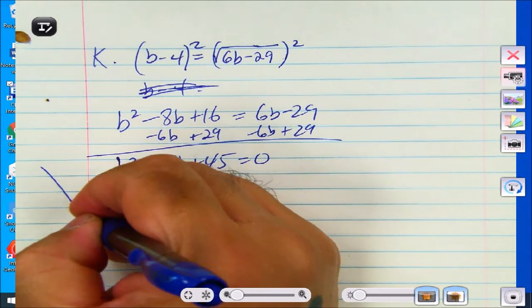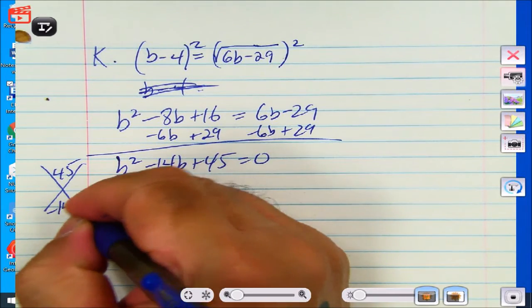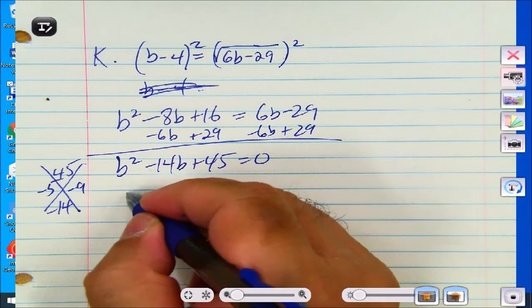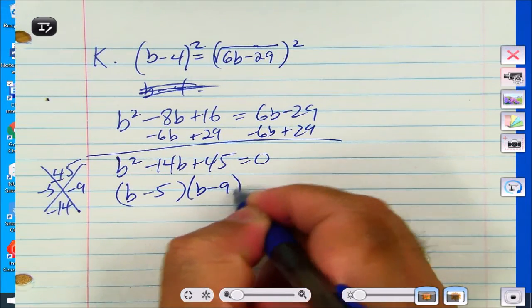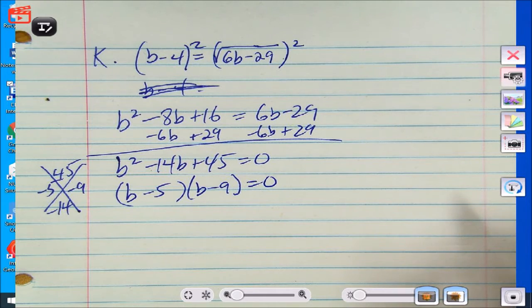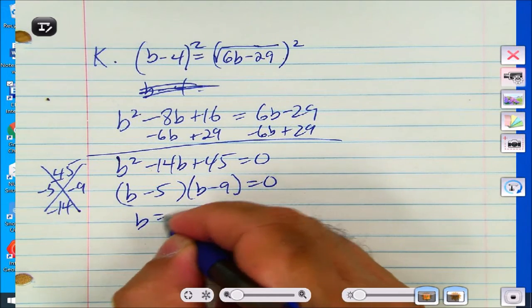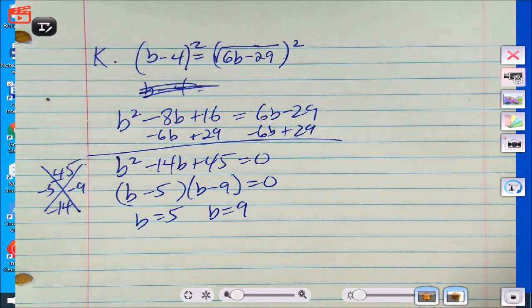What are the factors of 45 that combine to make negative 14? Negative 5, negative 9. So it'll be b minus 5, b minus 9. So what are my answers? b equals positive 5, b equals positive 9. Now we'll pause while you catch up.